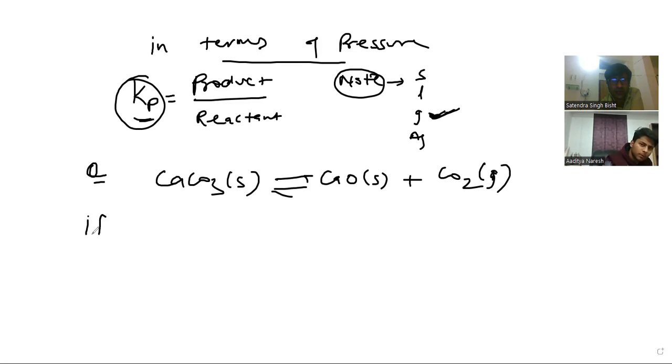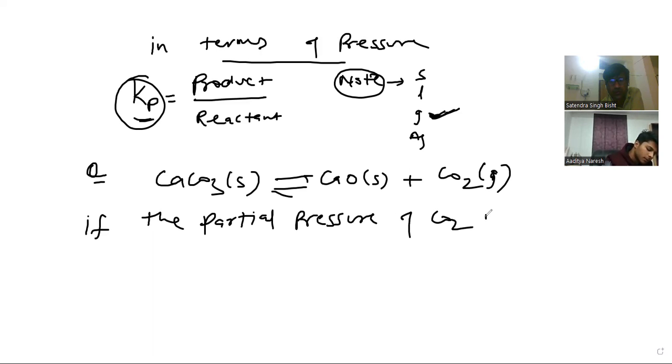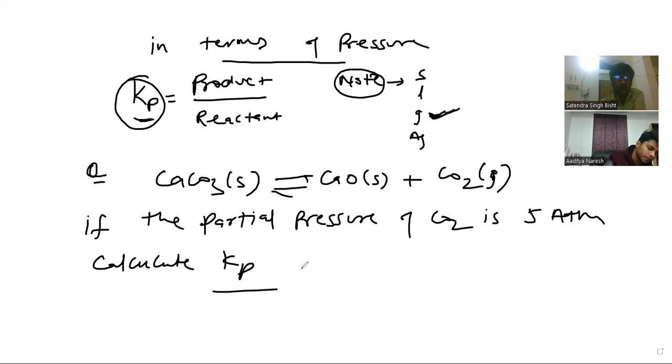If the partial pressure of CO2 is 5 atm, calculate Kp. So it would be 5 atm only. Yes, Kp is 5 atm.